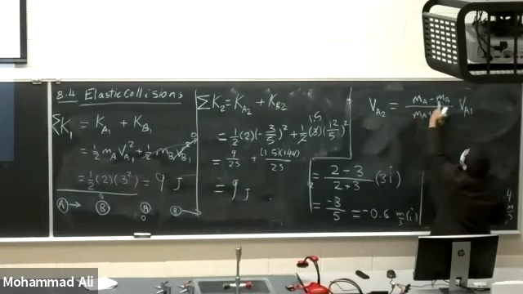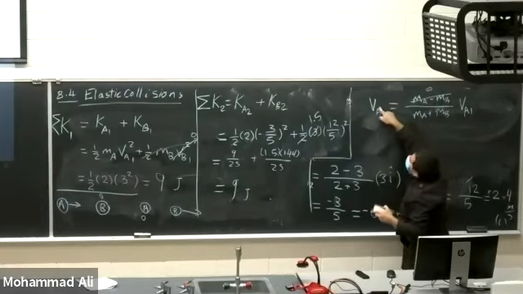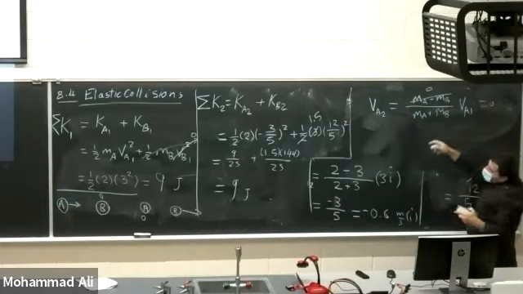Because they are equal to each other, this will be equal to 0. So the velocity of A after the collision will be 0.